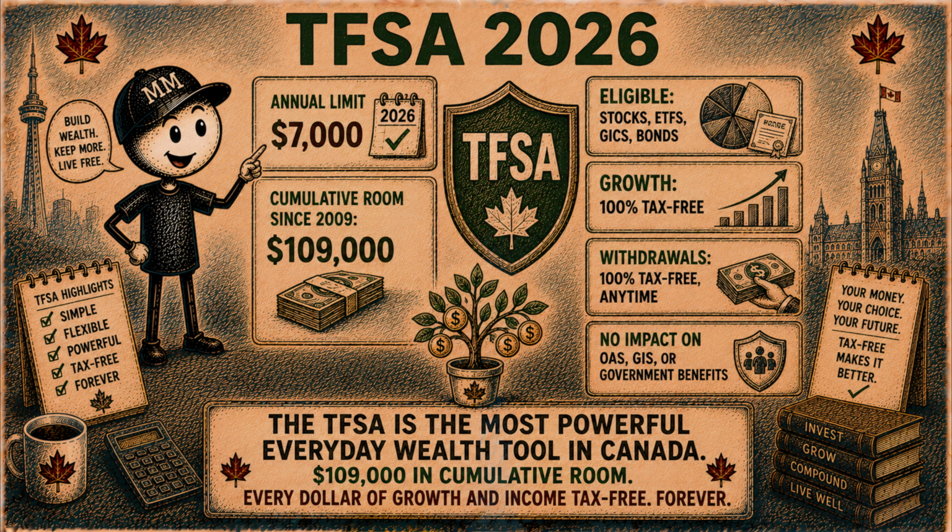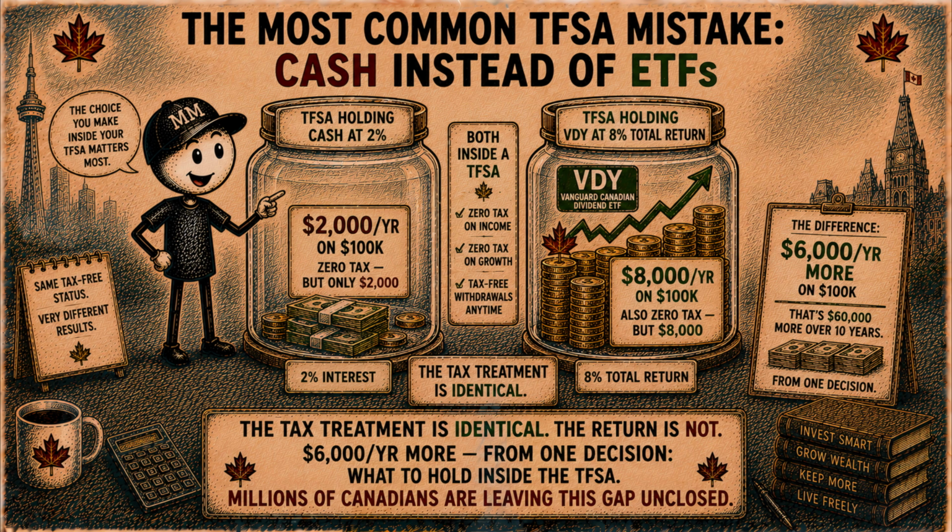The most common TFSA mistake, and it is fixable. According to the Financial Consumer Agency of Canada, a significant portion of Canadians who have TFSAs hold only cash or low-interest savings deposits inside them. They have the account. They are not using the tax-free growth benefit. A TFSA holding cash at 2% earns $2,000 per year on $100,000 and pays zero tax on it.